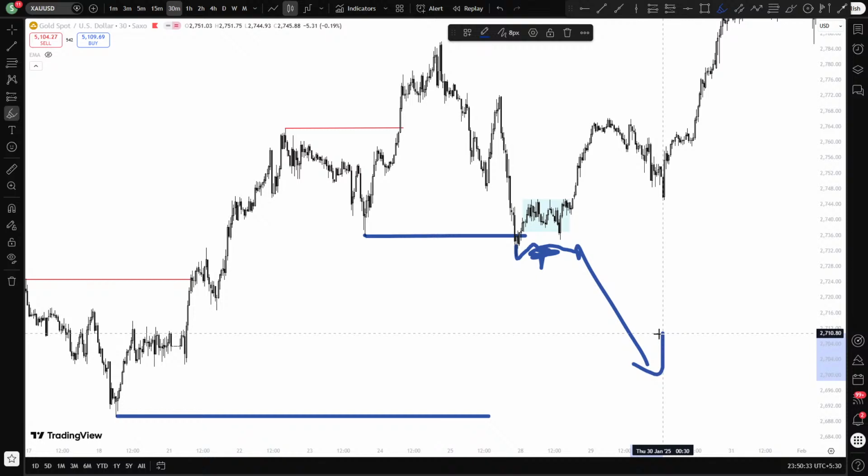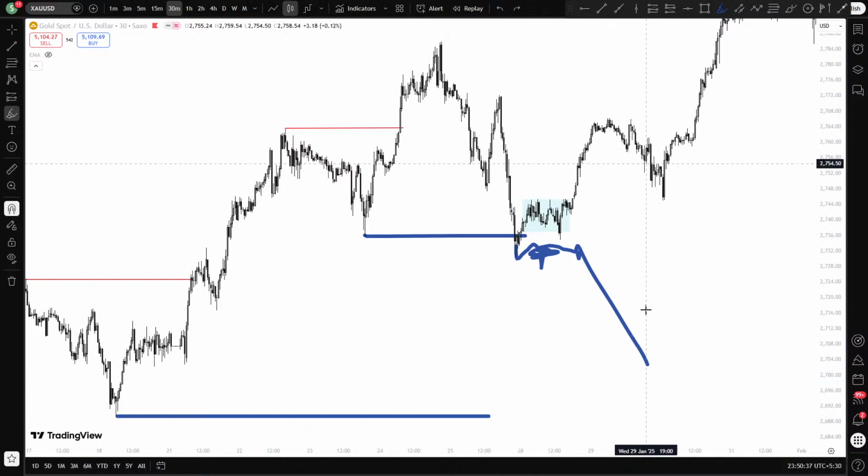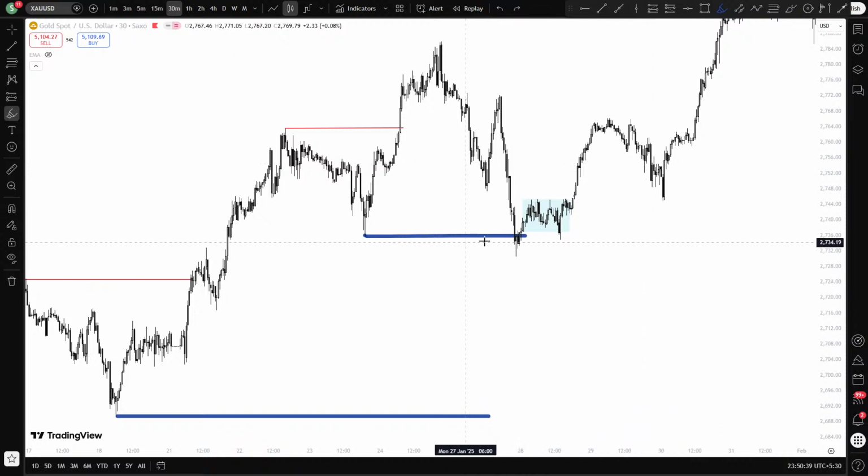The market is now about to go down. But what did the market do? The moment the market gave us this liquidity, it gave us a pullback, showing us that the market is not going to the downside.